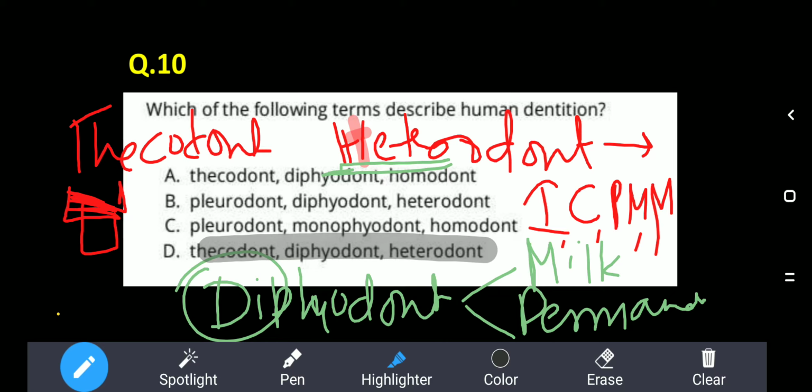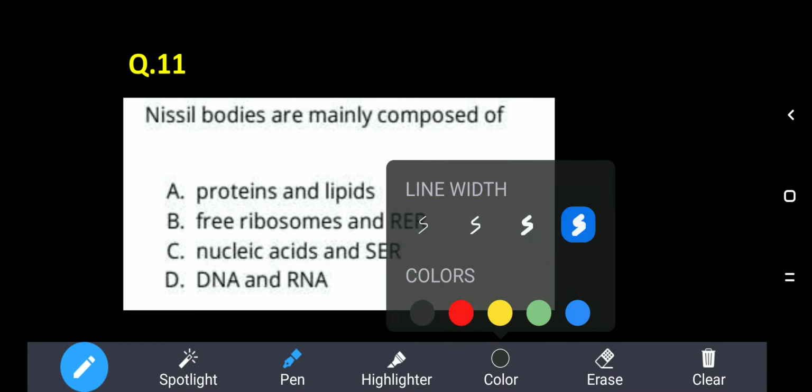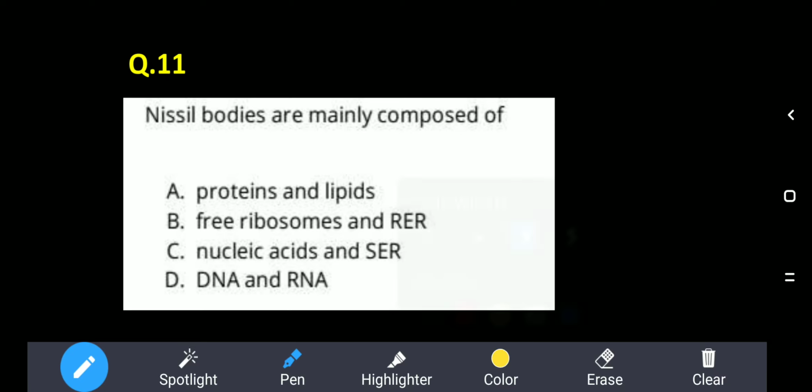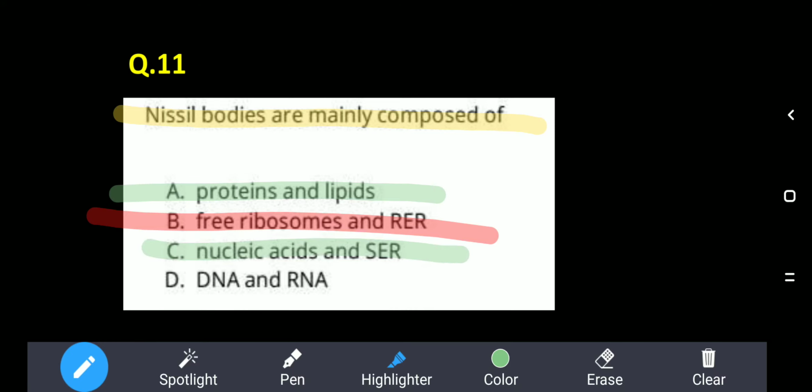Now we move on to question number 11. Nissl bodies are mainly composed of: proteins and lipids, free ribosomes and RER, nucleic acids and SER, DNA and RNA.